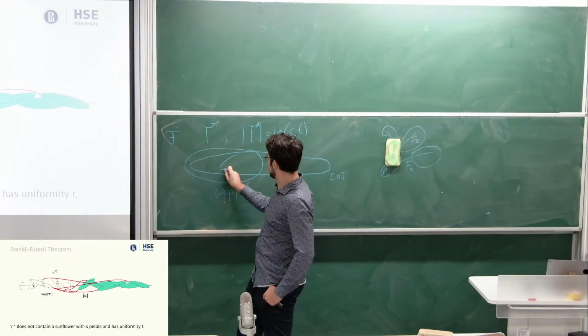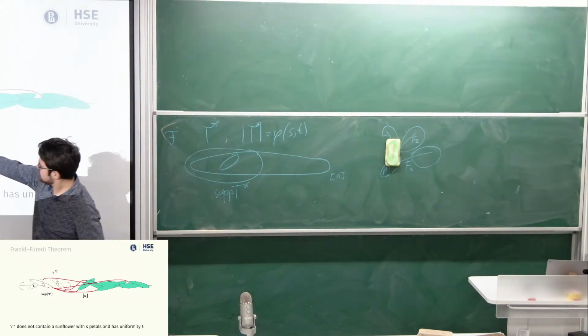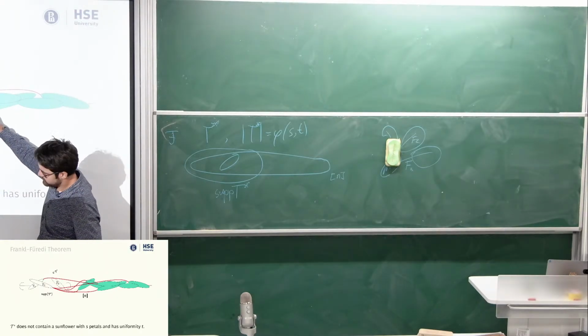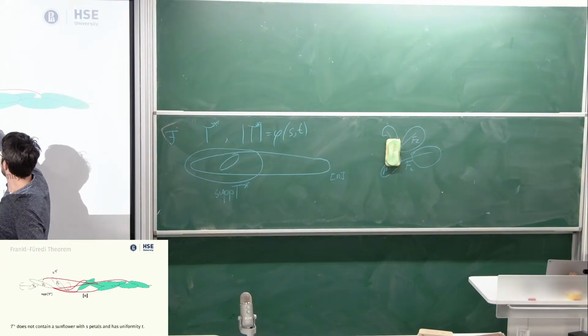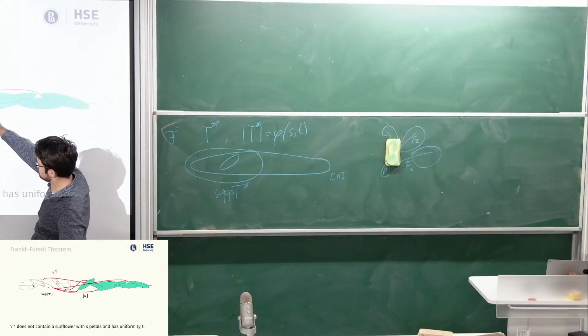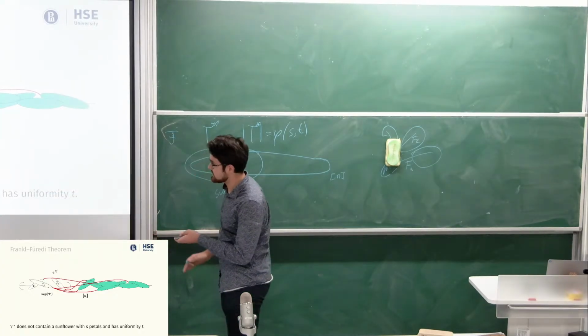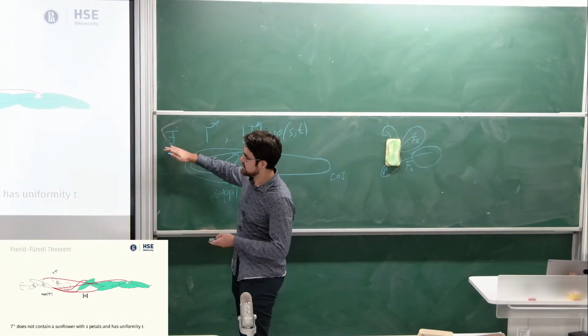So T1 from the picture belongs to T star, and joined with any k minus t subset outside the support, they form a set from my example.